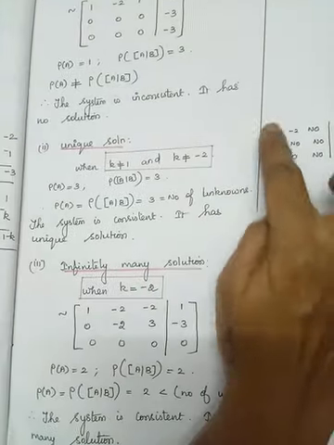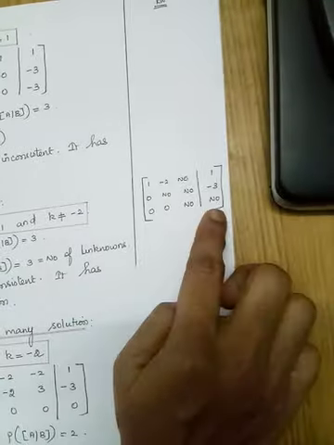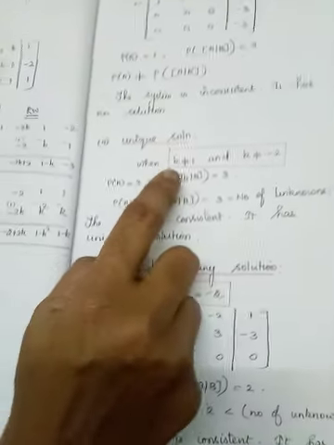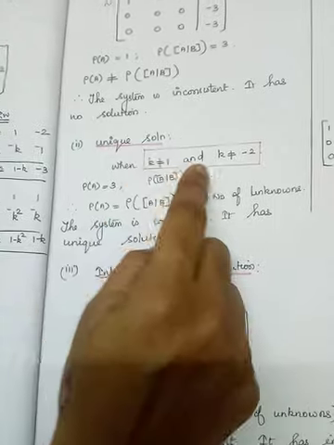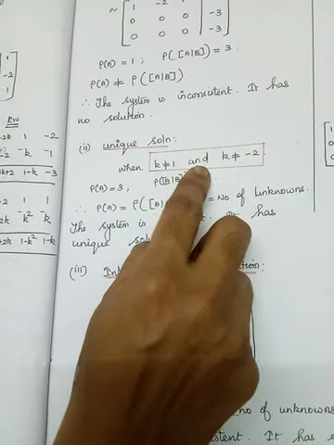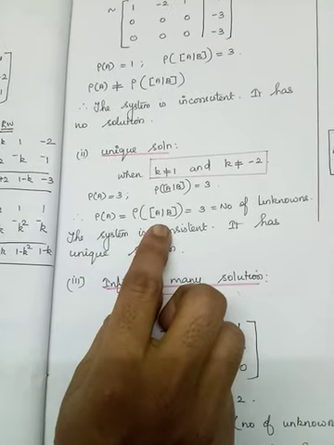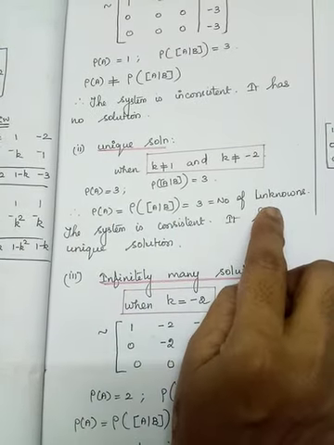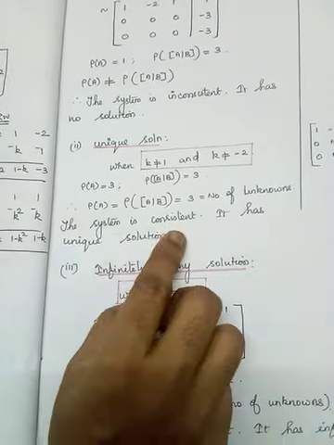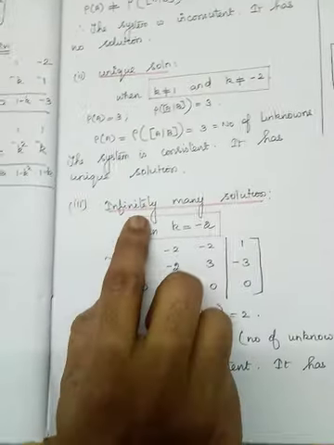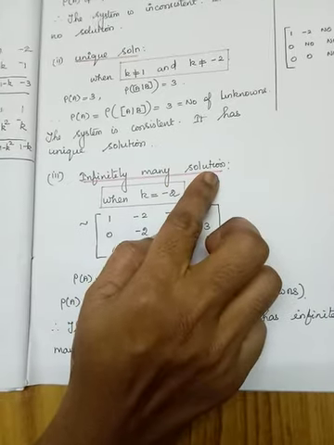On seeing the whole matrix, how many non-zero rows? 3 non-zero rows. Therefore, when k is not equal to 1 and k is not equal to minus 2, rank of A is equal to rank of AB is equal to 3, which is equal to the number of unknowns. So therefore the system is consistent. It has a unique solution. Next we are moving to infinitely many solutions.